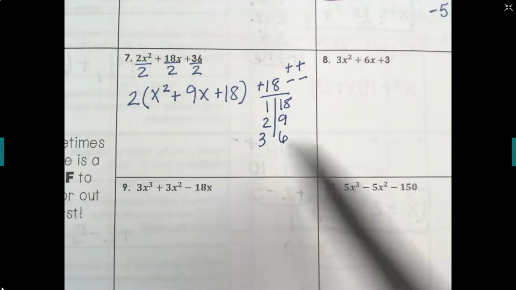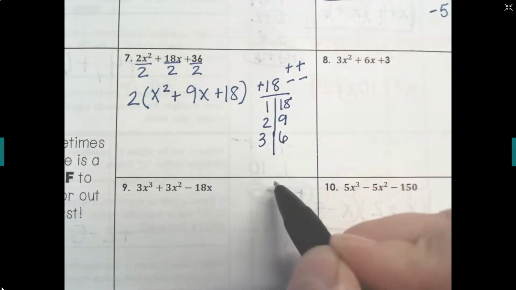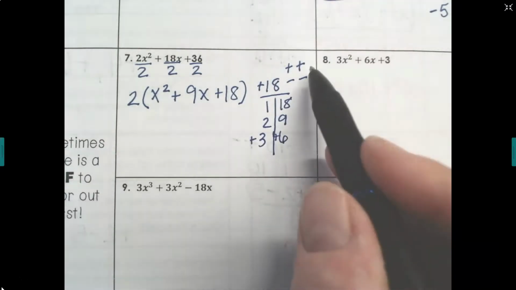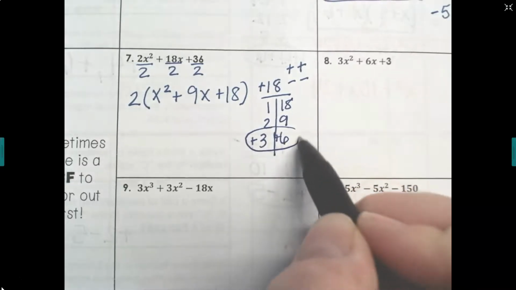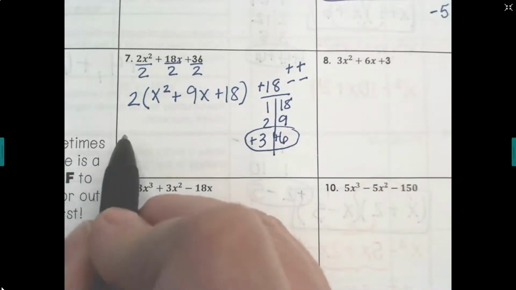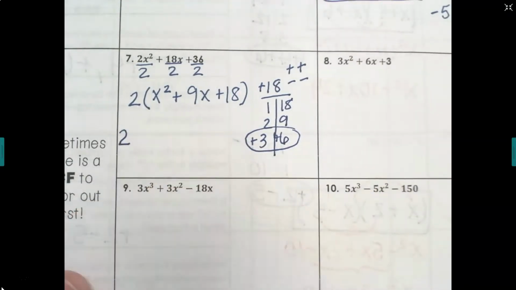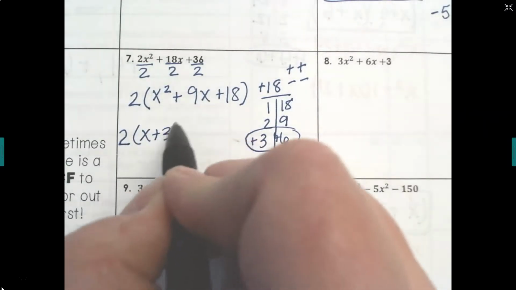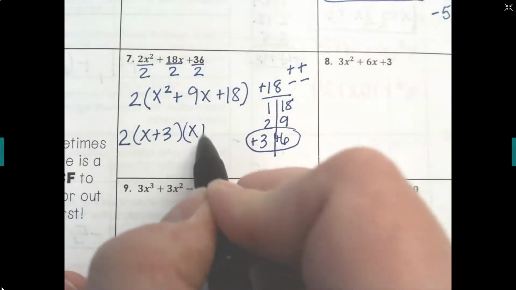Those are our only choices, and we're trying to get to add to a 9. The only pair that will do that for us is 3 and 6, if they're both positive. So we're going to keep the GCF out here. Can't lose it because we're just rewriting an equivalent form. And then I'm going to have x plus 3 and x plus 6.